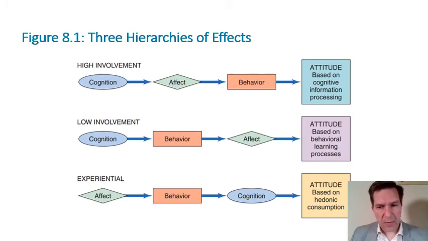So graphically, I'm going to go over the same thing. In a low involvement process, we start with thinking about the problem, okay? But then instead of creating some sort of knowledge structure that guides our affect, how we feel about, for example, if we're trying to buy gum, right?